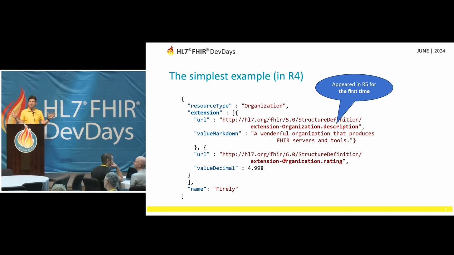Now, just to get you warmed up on the kind of discussions that we're having: is it really easy on the user to figure out, presumably in R6, we'll have organization.description too. Is it very user-friendly to say, go find out as a user what the first version of FHIR was where this stuff was introduced? So you have to put 5.0 here and 6.0 there.